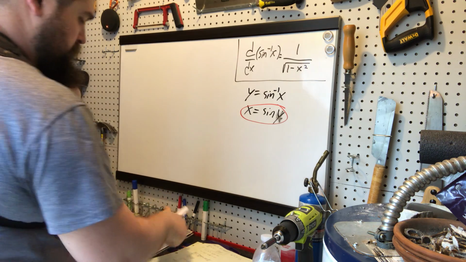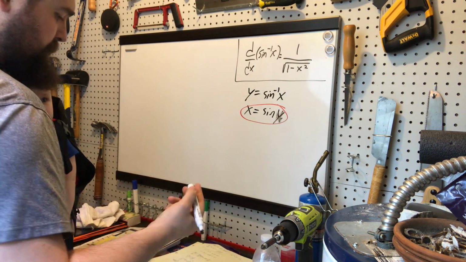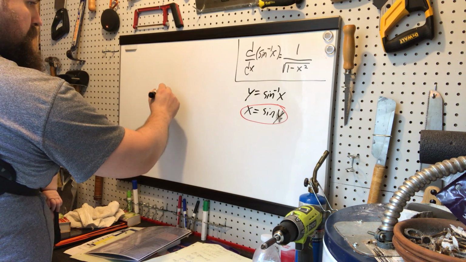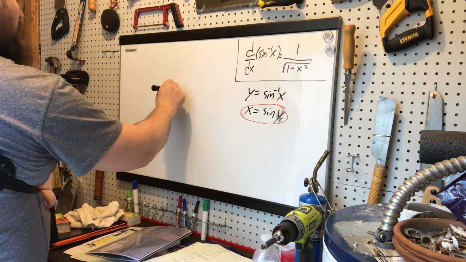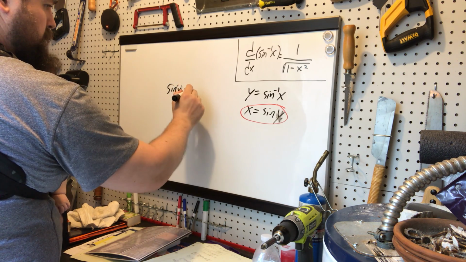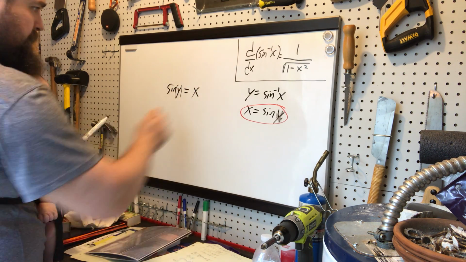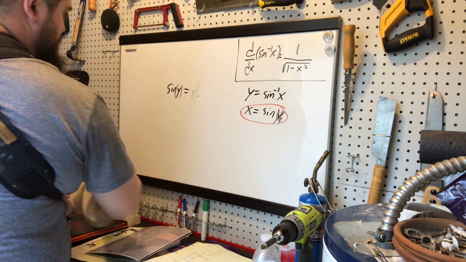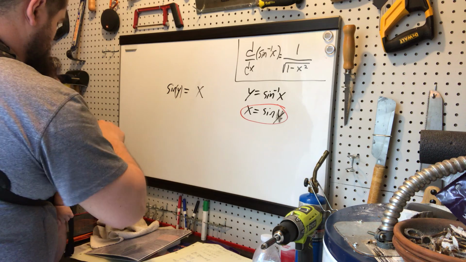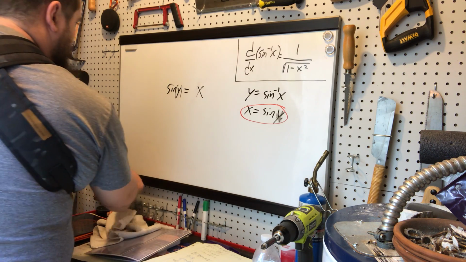All right? So, again, starting this, the easiest way to do it is, I'm going to switch it. Sine of y is equal to x. Alright, great. I'm going to get a better marker that's not dying.